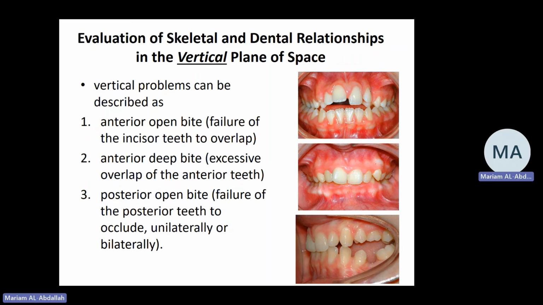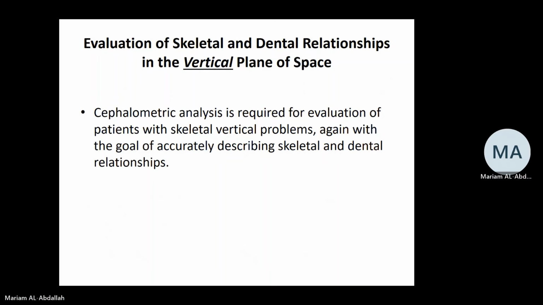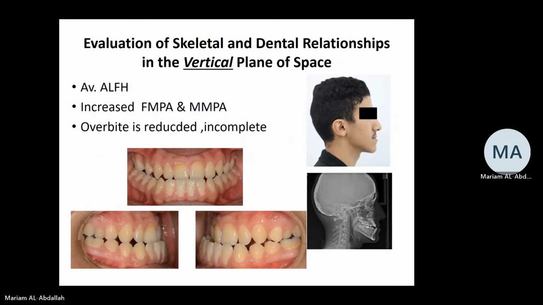We can have an anterior open bite, this is an anterior open bite, we can have a deep overbite, and we can have a posterior open bite. So I need to describe the vertical problems dentally, intraorally. Of course, cephalometric analysis can help us confirm such features in relation to the maxillomandibular plane angle and growth rotation.